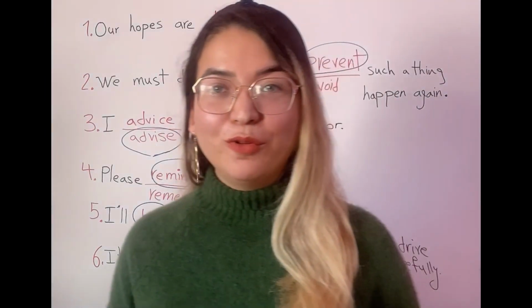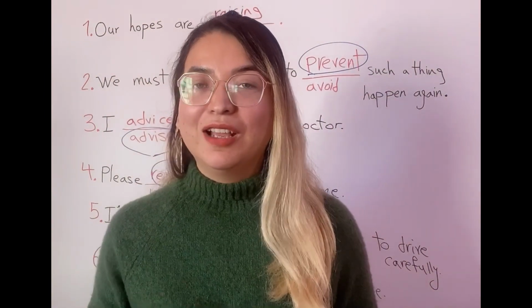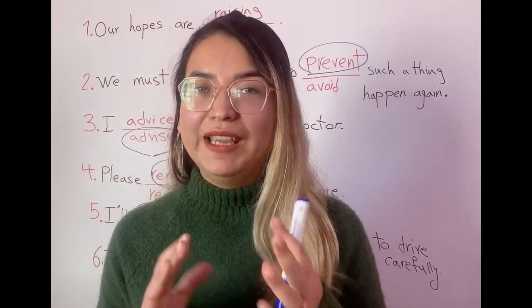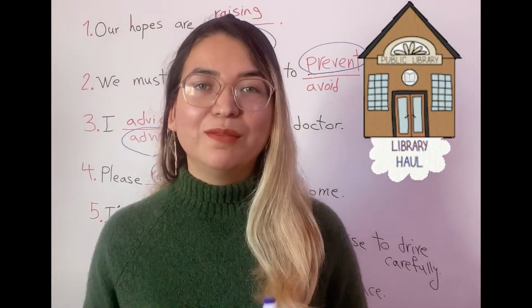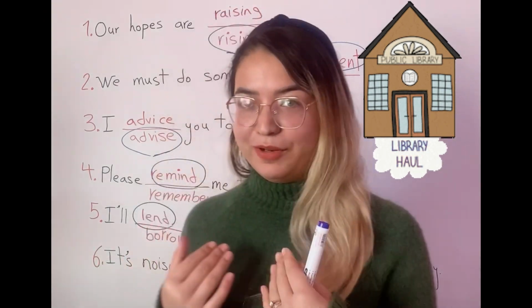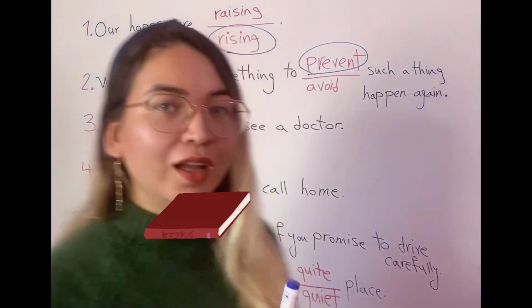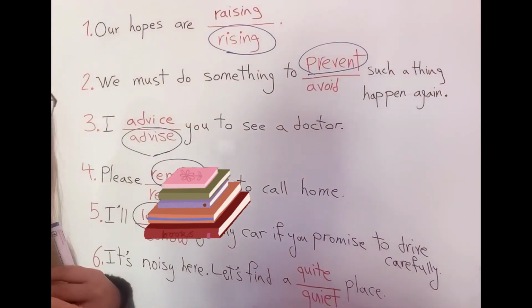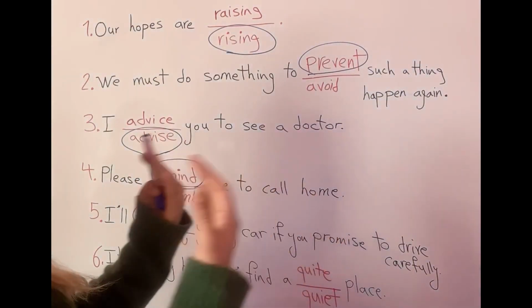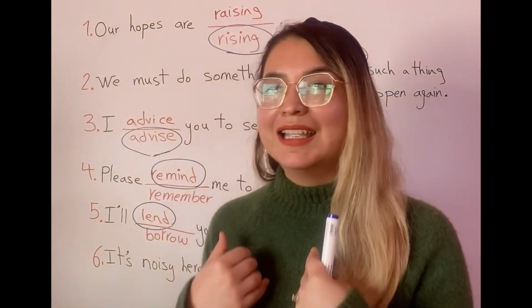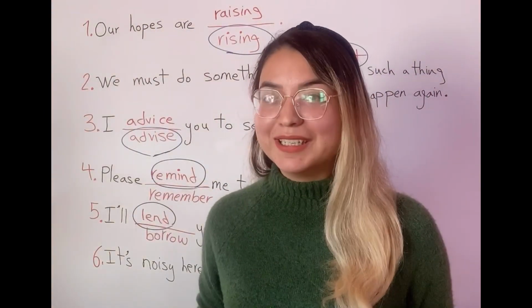Okay, do you know why? Actually, lend and borrow is very easy. Just imagine a library, okay? Library lends you some books and you borrow some books, yes? So borrow and lend, okay?